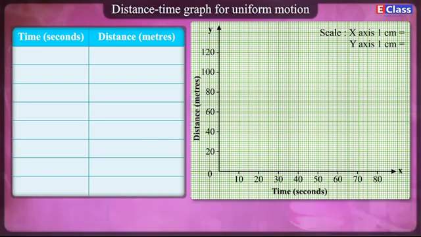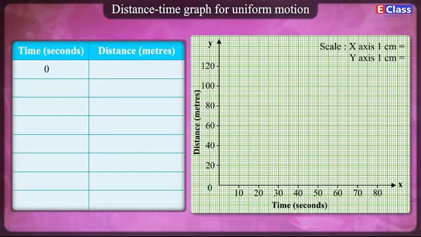Time in seconds, 0. Distance in meters, 0. Time in seconds, 10. Distance in meters, 15. Time in seconds, 20. Distance in meters, 30. Time in seconds, 30. Distance in meters, 45.